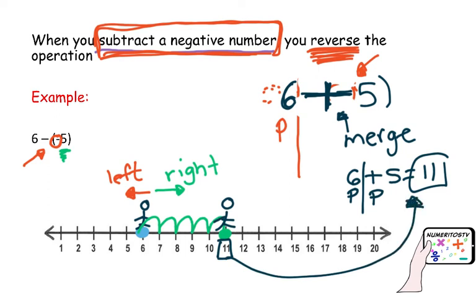So again, I am going to erase here. Before doing the battlefield method, if you have a problem where you have this situation, subtraction of a negative, that means that 2 negatives are there together with nothing in between. The only thing that you might have in between is a parenthesis.